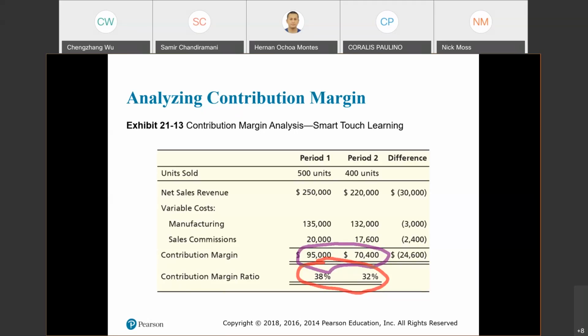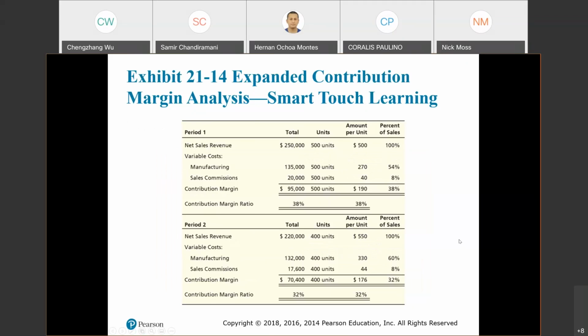So to do this, let's take the total amounts and expand them into two components by dividing the totals by the number of units. So this slide shows the expanded statement. Let's take a look in more detail.